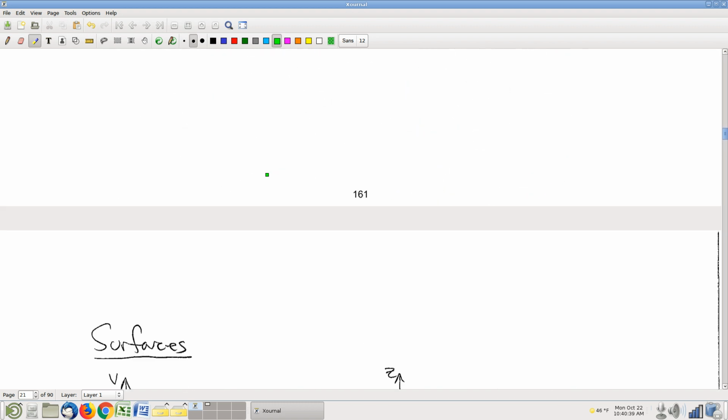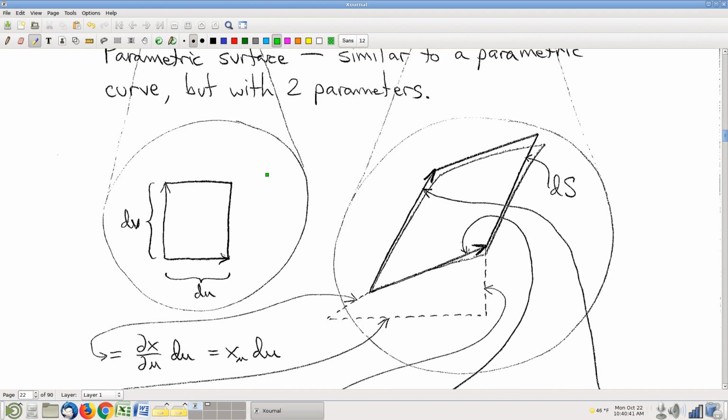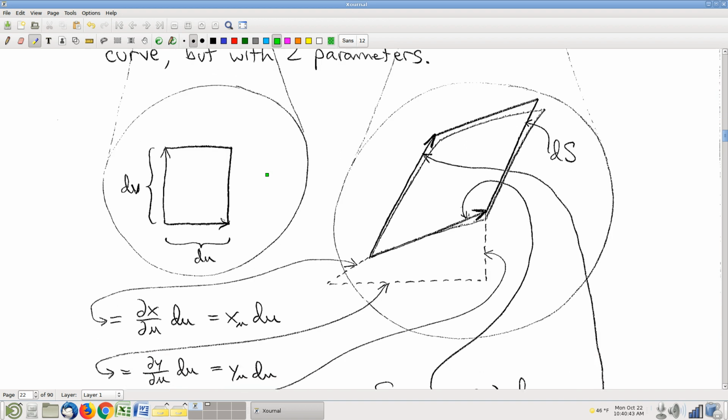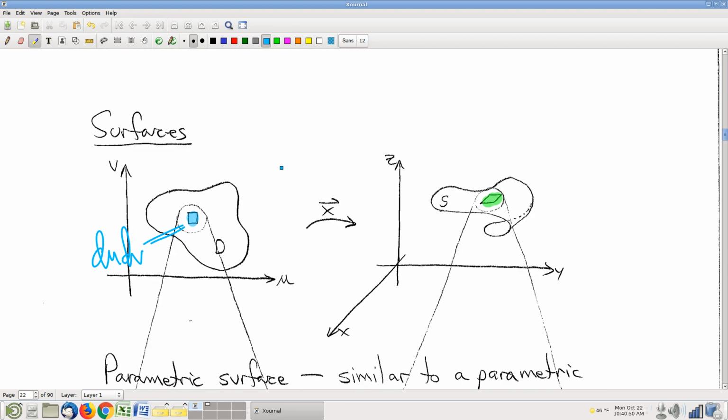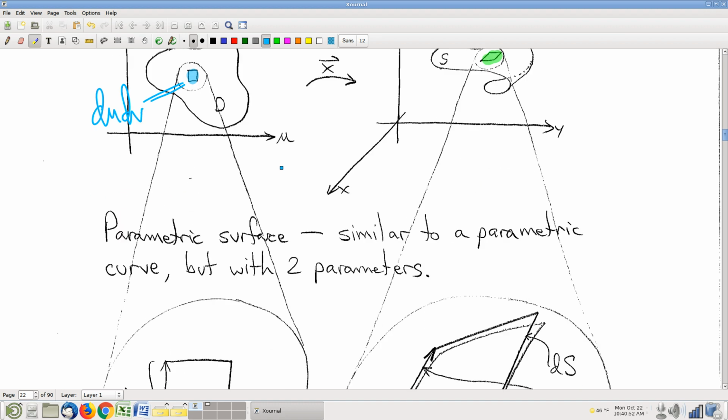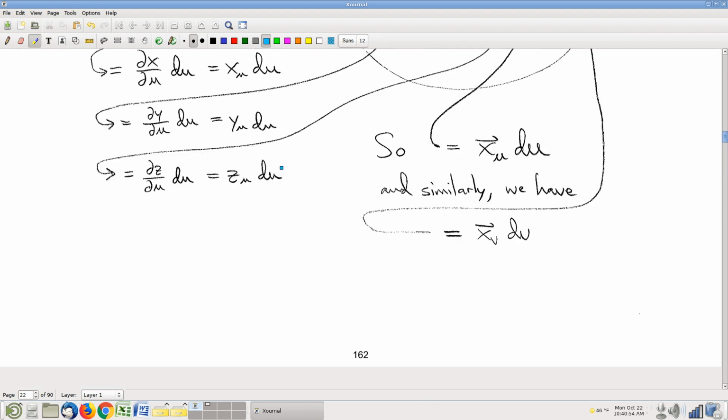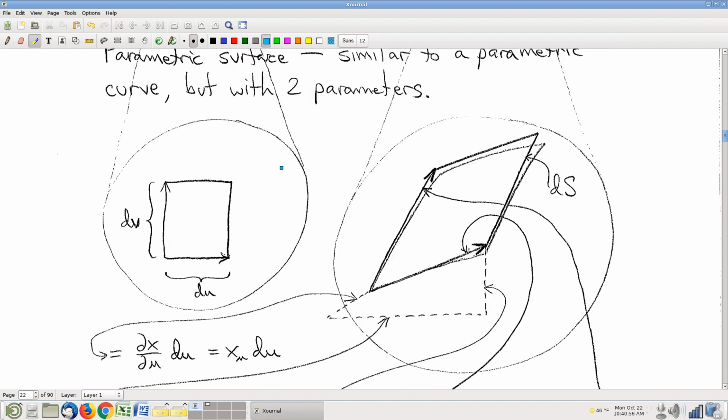Okay. So we're going to do the same thing here. So we've got this little piece of area in the UV plane.